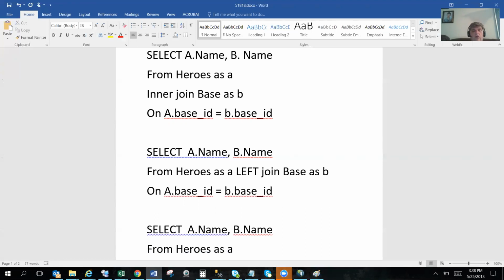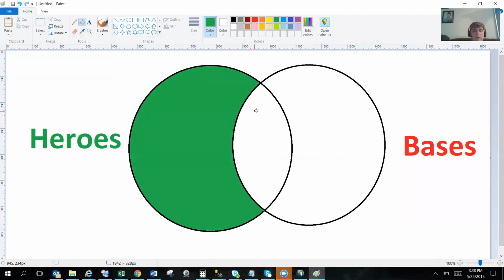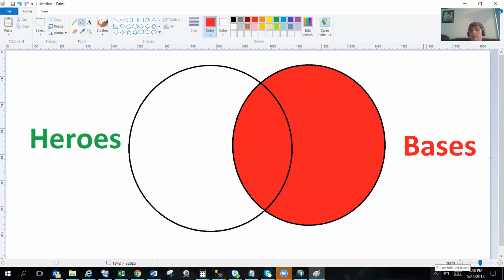So if we go through the Venn diagram, a left outer join gives you that. So everything that's in the heroes table plus anything that matches from bases. If we're doing a right outer join, that's what we return. And what that looks like is this.